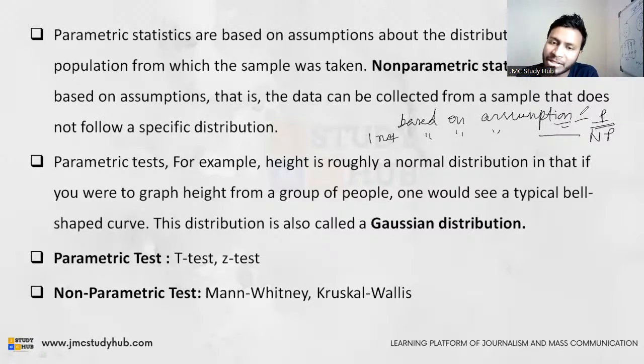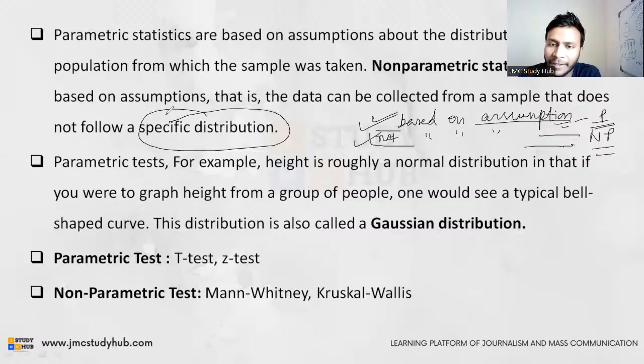If the assertion given is that the non-parametric test is not based on assumptions about the populations, then it is a non-parametric test, so it is also a true assertion. So you have to keep these things in mind: if based on assumptions, it is parametric; if not based on assumptions, it is non-parametric. The second difference among parametric and non-parametric is the specific distributions.